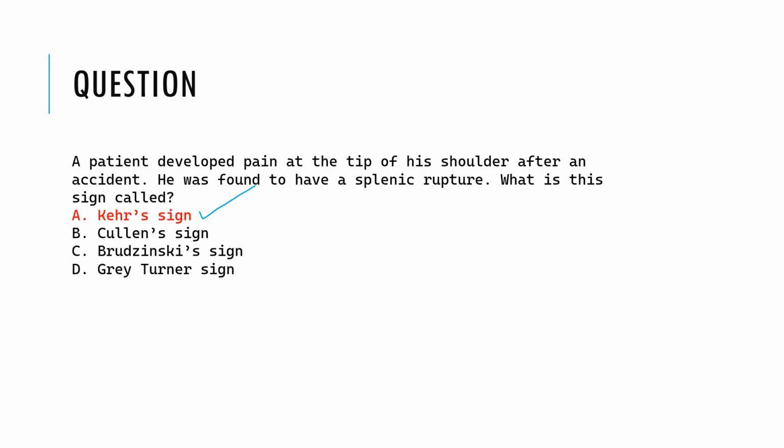What is Cullen sign? It is periumbilical bruising in case of hemorrhagic pancreatitis. Grey Turner is on the flanks, again bruising or ecchymotic patches due to any kind of bleeding, like maybe from an ectopic pregnancy. Brudzinski sign is seen in meningitis.